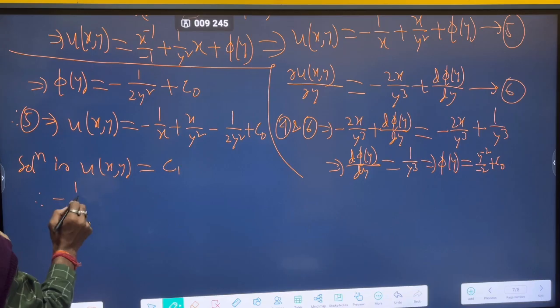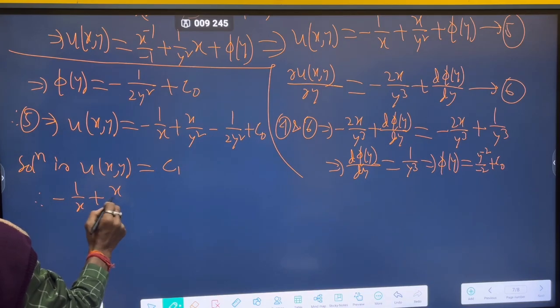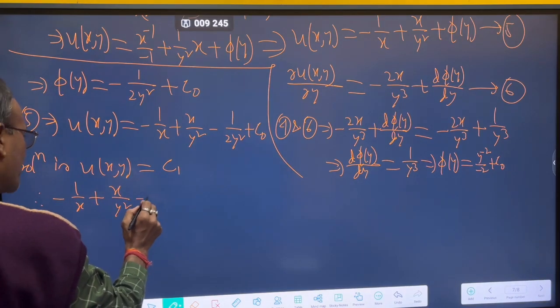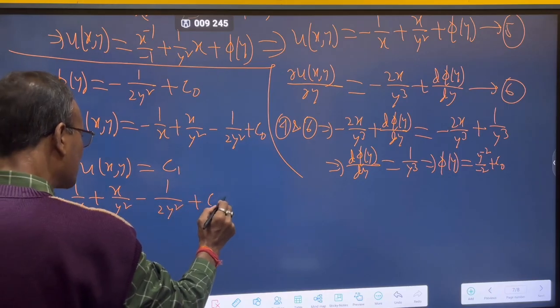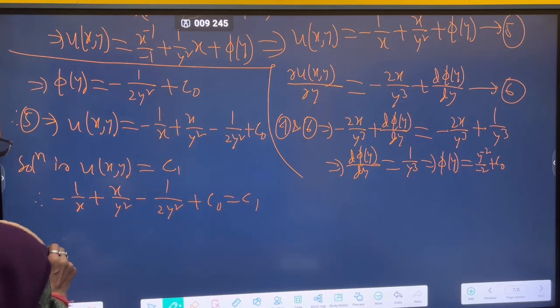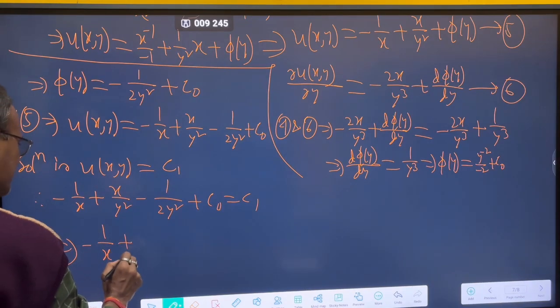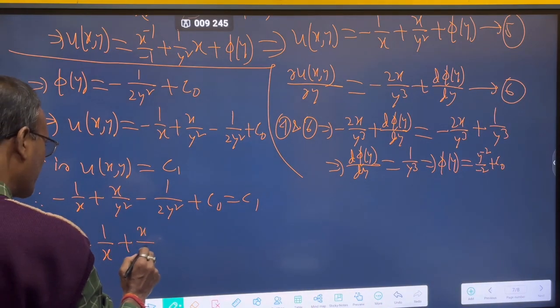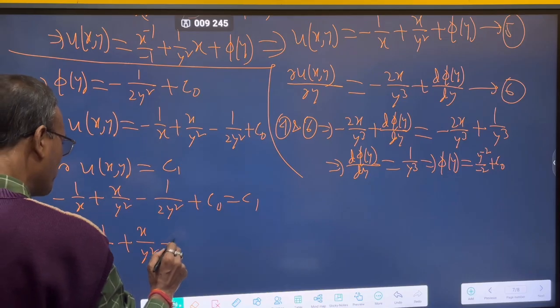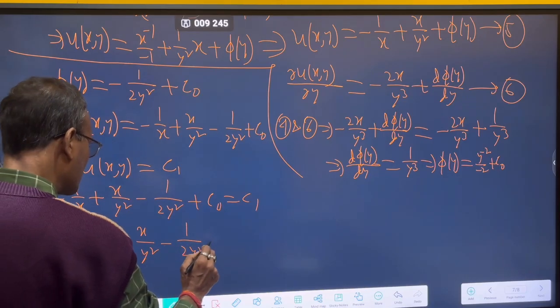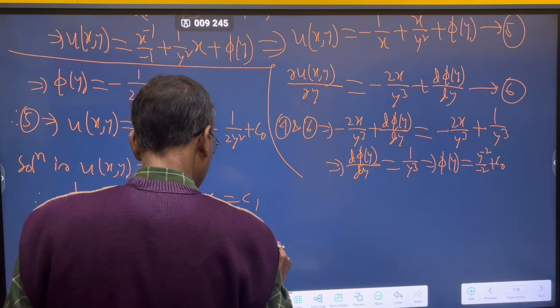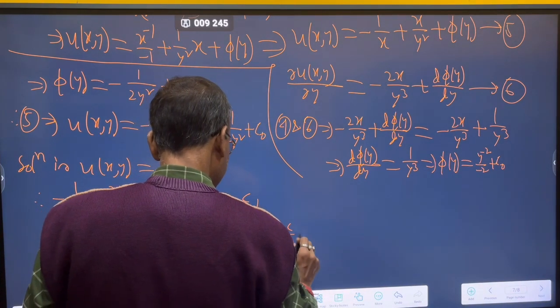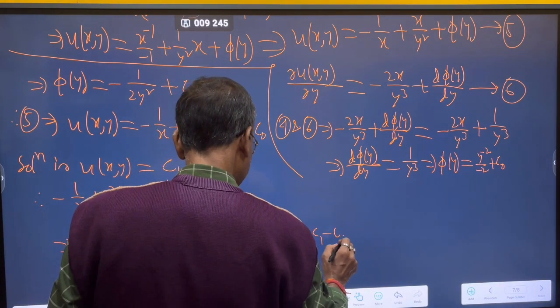Therefore, −1/x + x/y² − 1/(2y²) + c naught equals c1. Or you may write −1/x + x/y² − 1/(2y²) equals c/2, where c/2 equals c1 minus c naught.